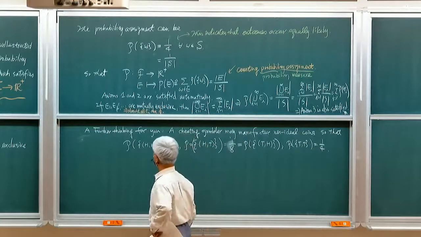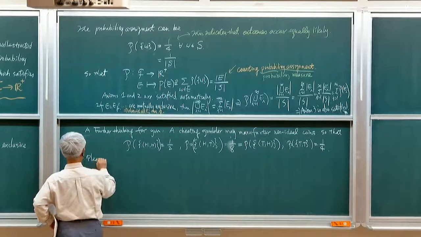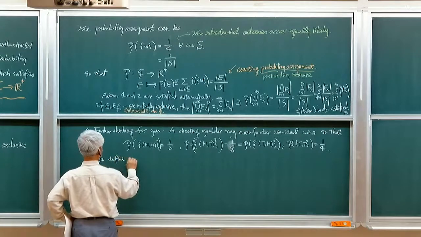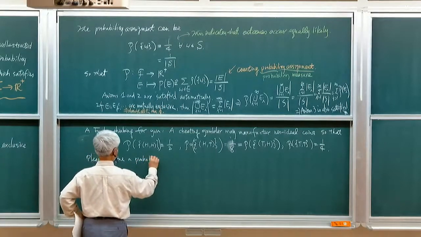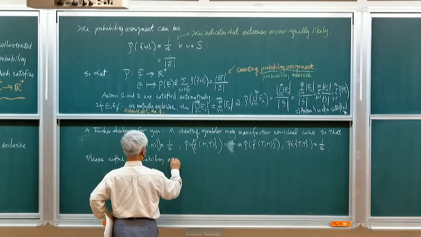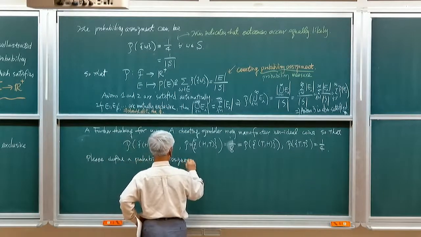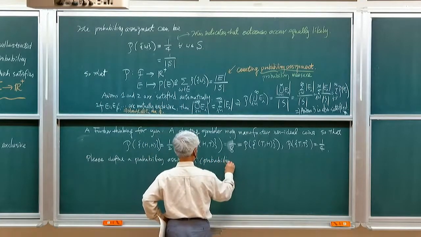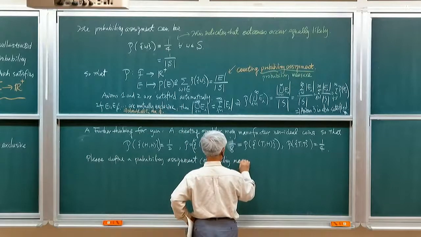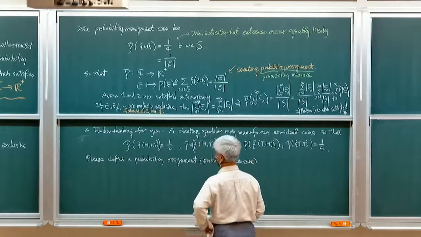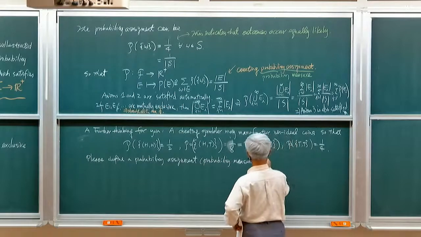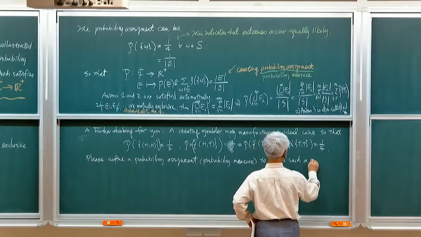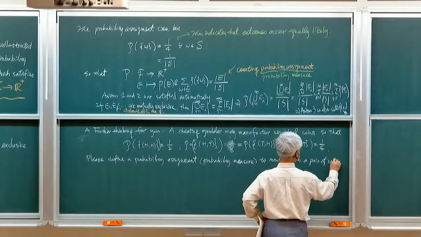So please define a probability assignment or probability measure to model such a pair of coins.